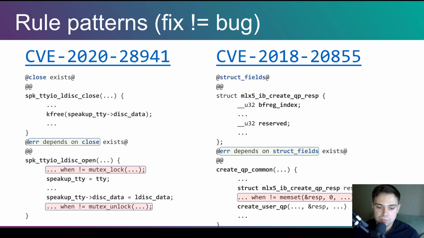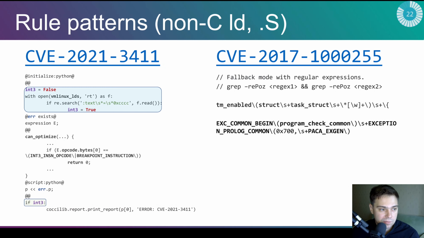And these rules are enough to describe most CVEs in practice, but sometimes Coccinelle is not enough because it's only suitable for matching C code patterns. Like in these cases, with errors in an LD script and assembly changes, you need to do different things.